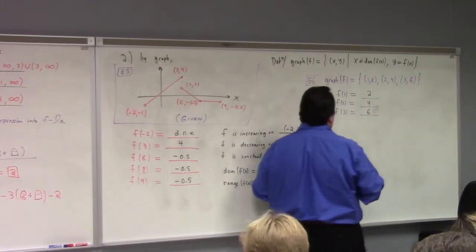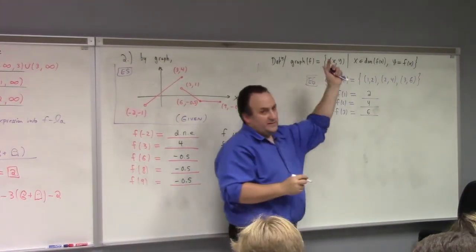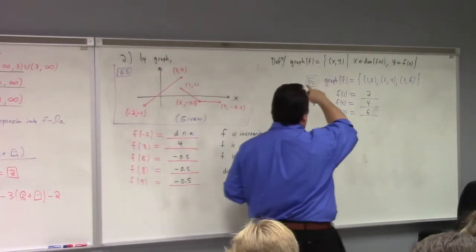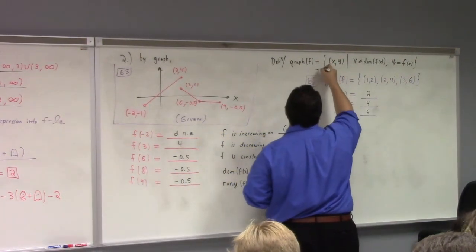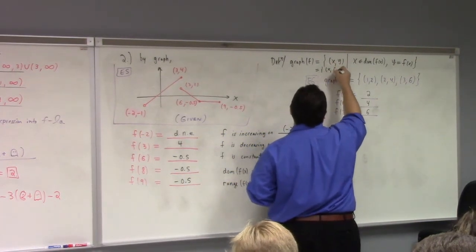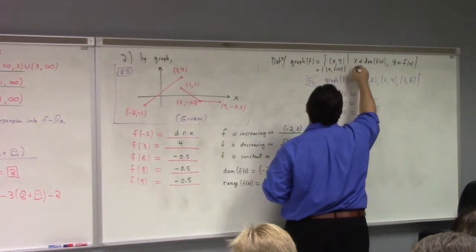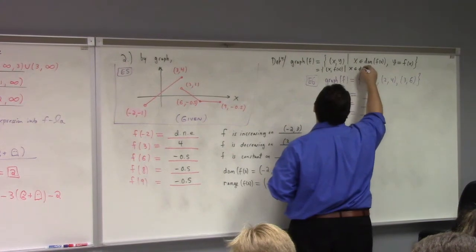See, that's just because the graph is pairs of the form x comma f of x, right? Another way you could write this up here would just have been x comma f of x, such that x is in the domain.